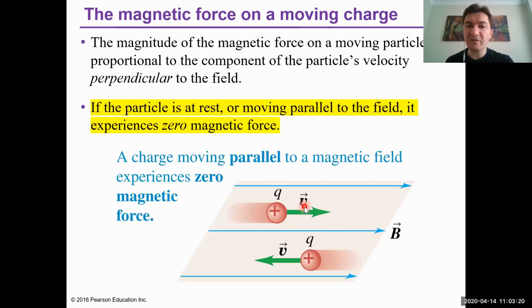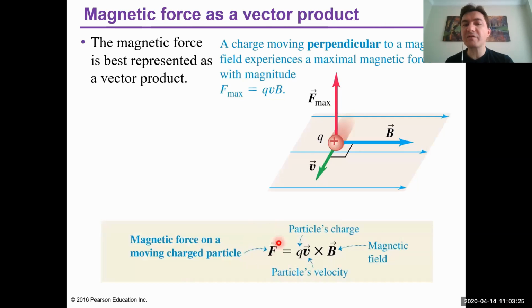When the velocity is parallel to the magnetic field, the force will be zero, because we have a vector product between velocity and magnetic field. Only if they are perpendicular to each other, or if the velocity has a perpendicular component compared to B, can we see a magnetic force acting on a moving charged particle. Any question here?